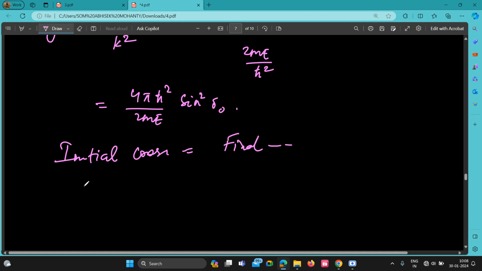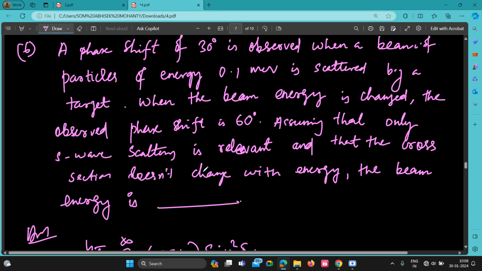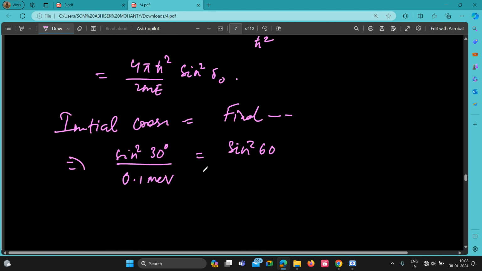So sine square 30 degree divided by E1, 0.1 MeV, is equal to sine square 60 degree divided by what is asked, E.